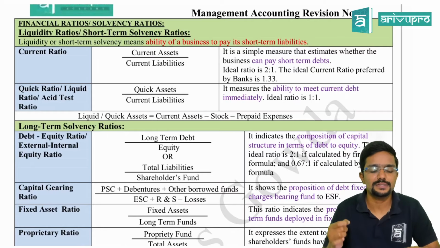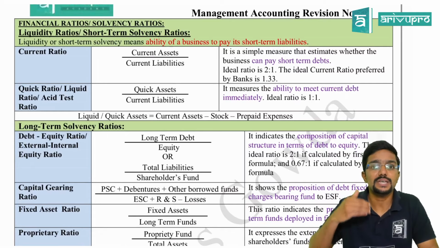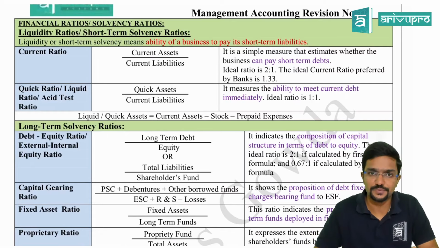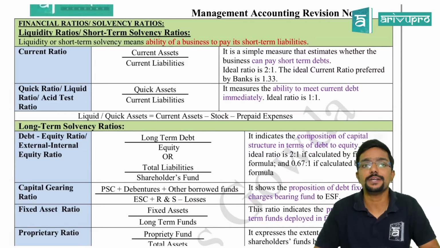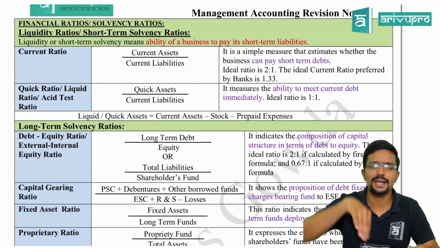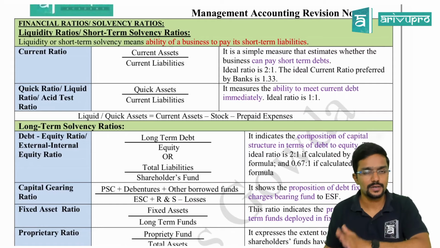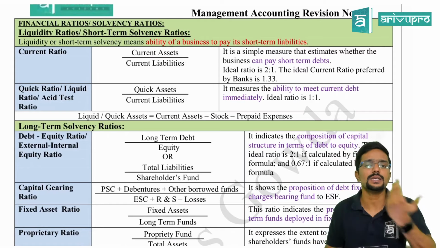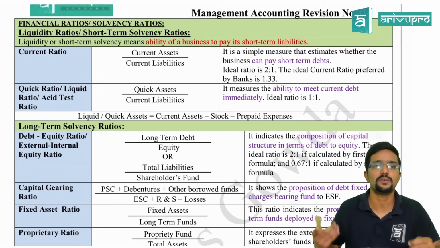Here we are checking the amount of assets which I can immediately convert into cash. Inventory will take some time because I have to sell it and then get the money. So all current assets other than stock and prepaid expenses are considered quick assets, that is, highly liquid assets.